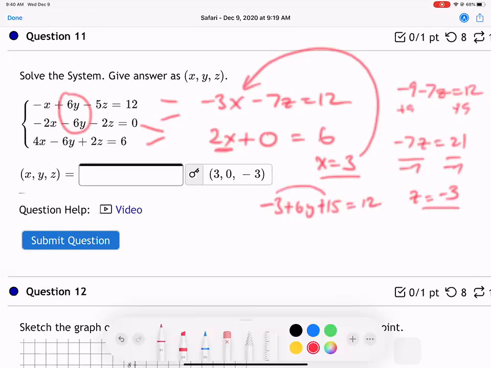Combine like terms, that becomes a 12. 6y plus 12 is equal to 12, minus 12 on both sides. 6y is equal to 0, so y is equal to 0. So our point: x is 3, y is 0, and z is negative 3.